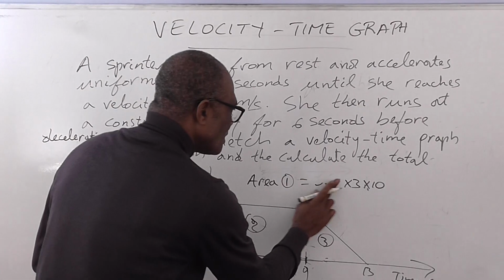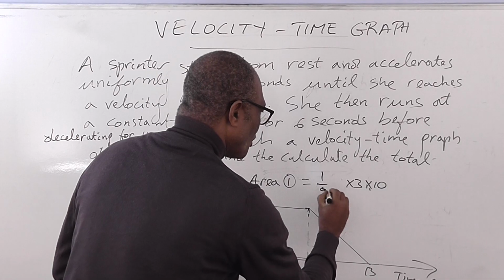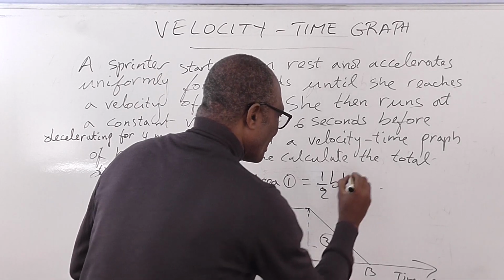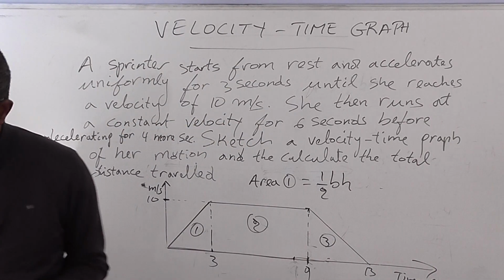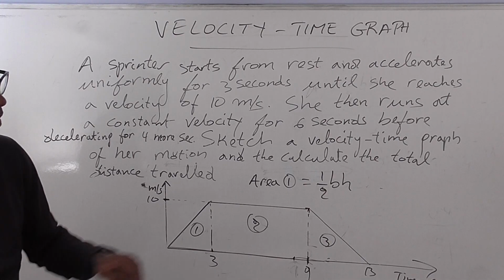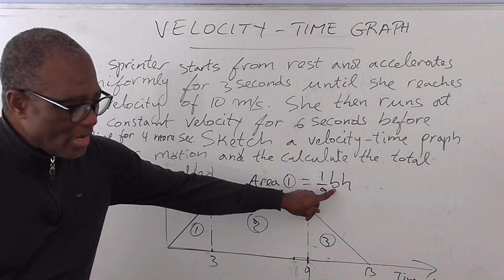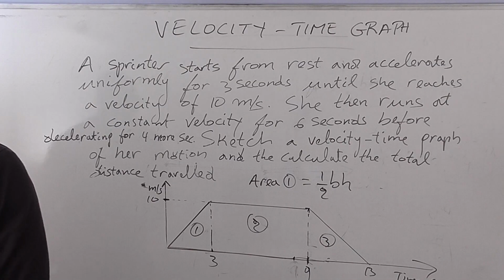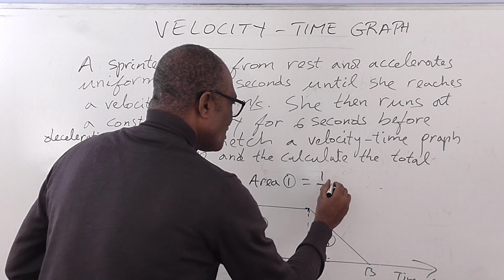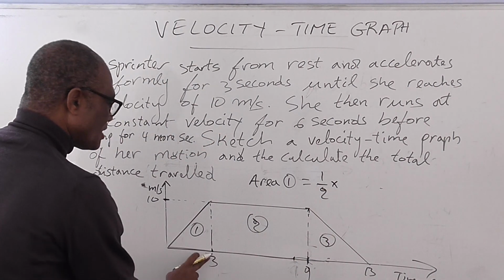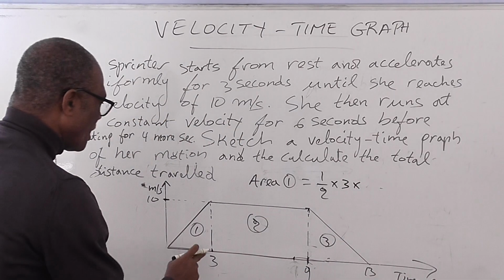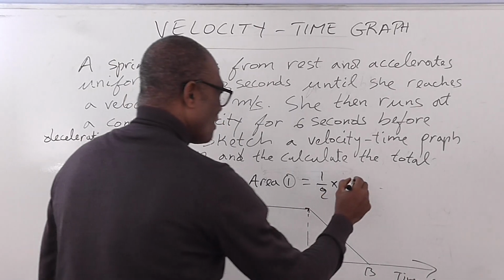The formula says half multiplied by base multiplied by the height. The formula of the area. Alright. Okay? So half multiplied by base multiplied by the height. What is the base? Base is 3. Multiplied by the height. Height is 10.